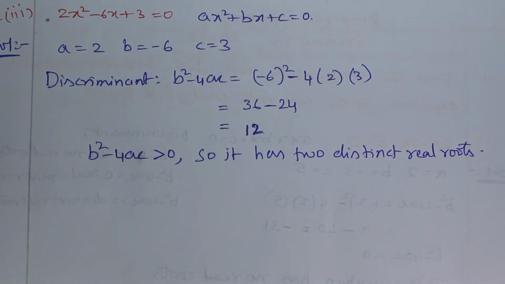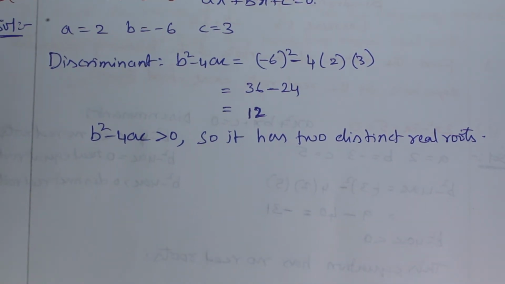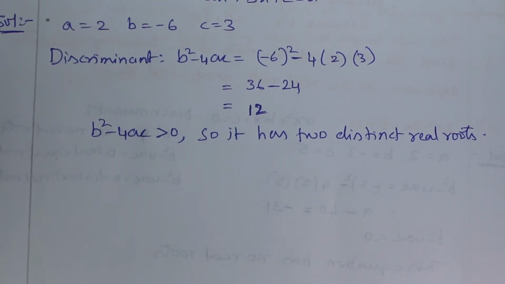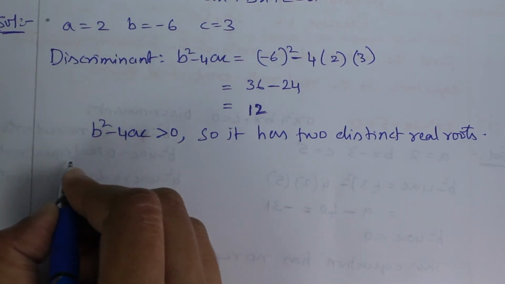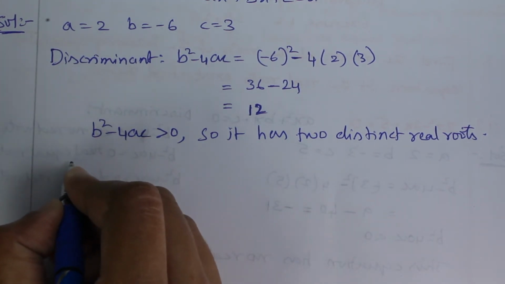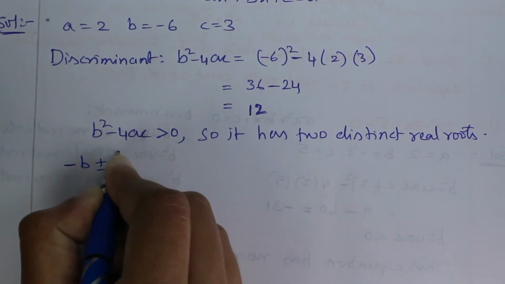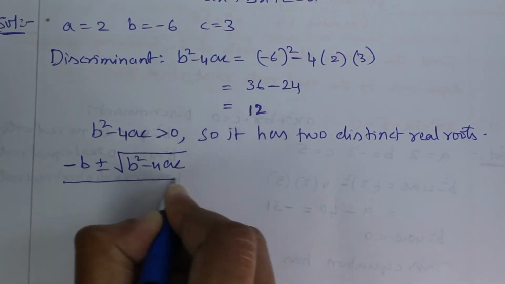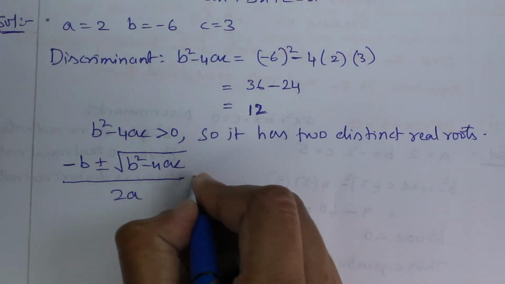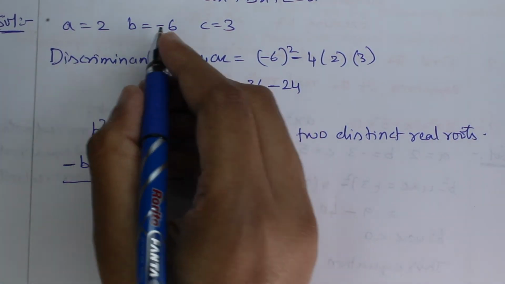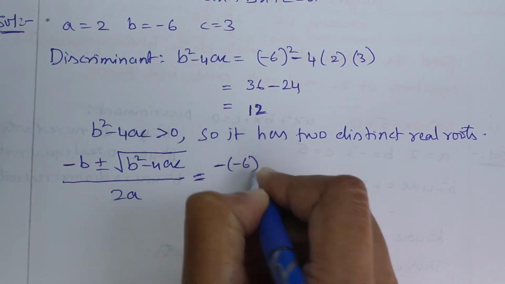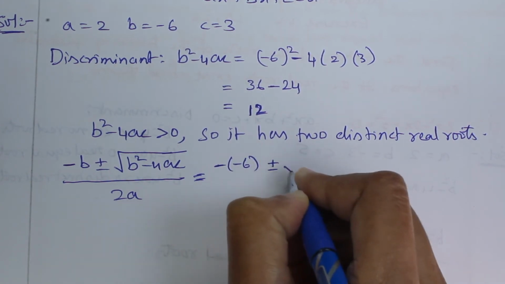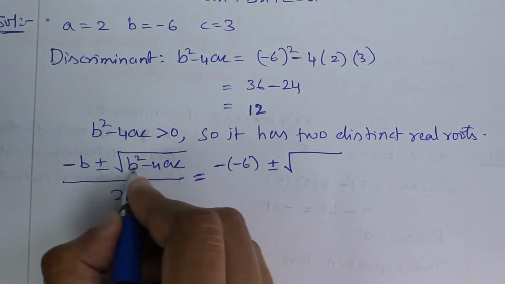Now let's find out the value of the roots. So what is the formula for finding out the value of the roots? Minus b plus or minus square root of b square minus 4ac by 2a. That is equal to, what is minus b? Minus of minus 6 plus or minus square root of, what is the value of b square minus 4ac?